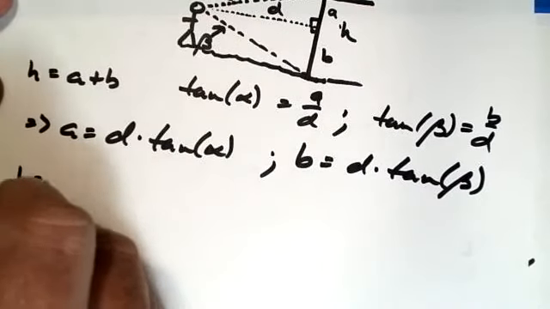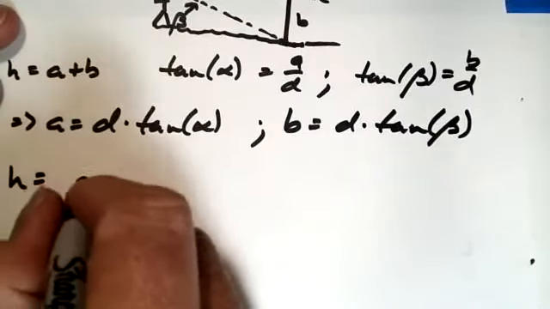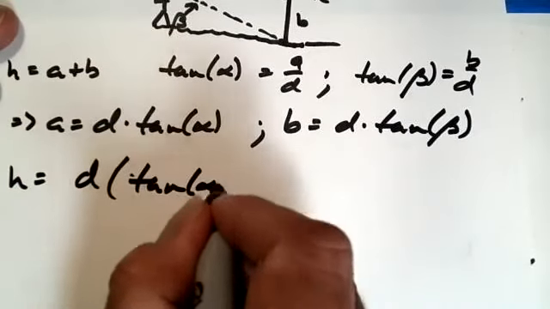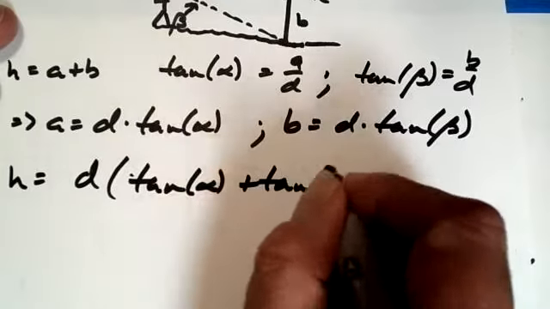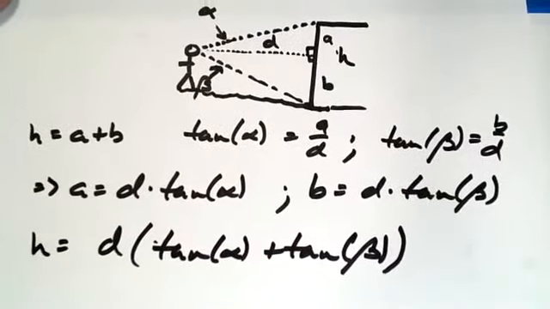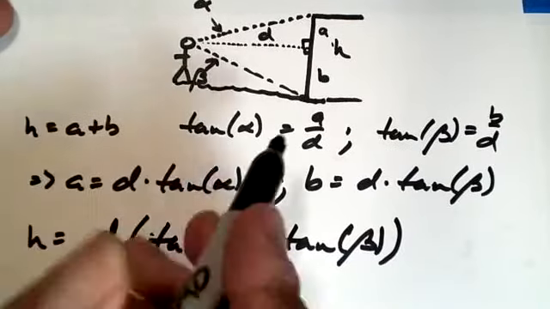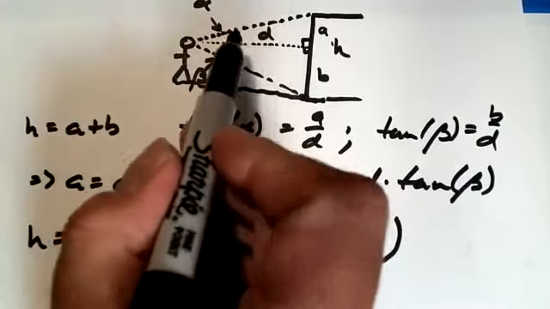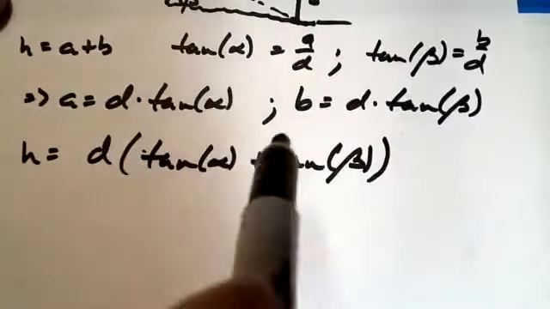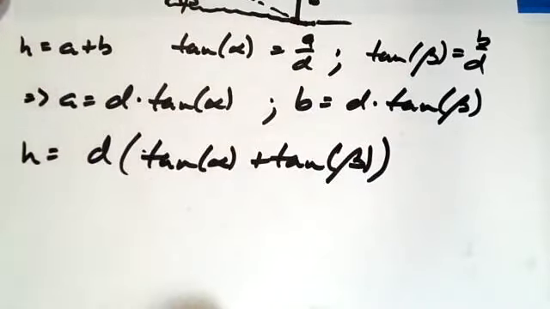So H, and I'll actually factor, H is equal to D times the quantity tangent of alpha plus tangent of beta. And if we had measurements, the measurements that would be made are the distance, the angle of ascent, and the angle of descent. We would plug them in and we generate the height.